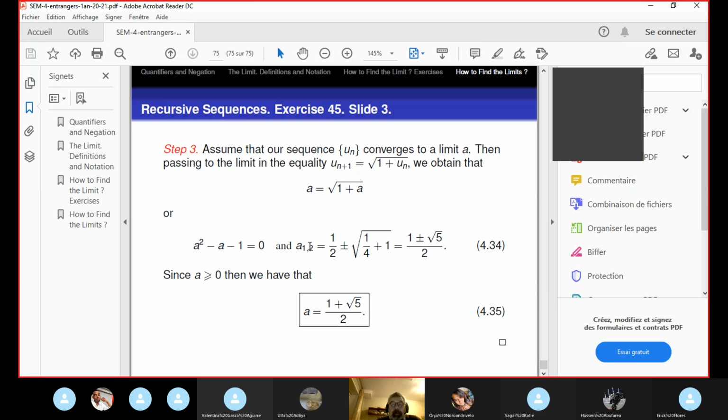Then you see, we know that A is non-negative. Then in this case, we can take only one value of the limit, which is 1 plus square root of 5 over 2. And this is the end of this exercise.